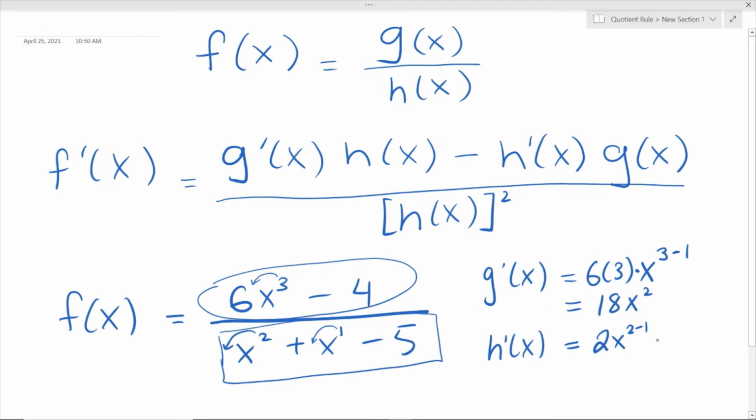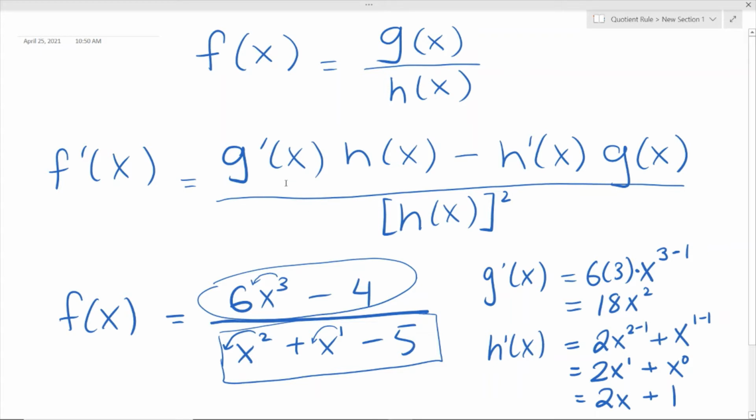Here we take this 1 down, and it's 1 times x, which is just x, and then the exponent 1 minus 1. Power rule, because we have to subtract 1 from the exponent. Then negative 5 is a constant, so its derivative is just plus 0. We're not going to write that. Then we simplify: 2 times x to the exponent of 1, plus x to the exponent of 0, which is just 1. So this is essentially 2x plus 1. That is h prime of x.